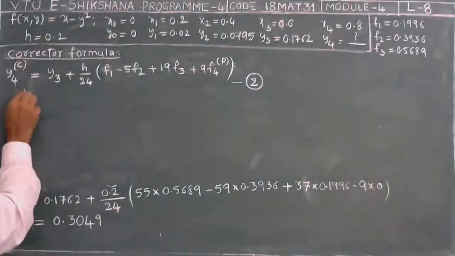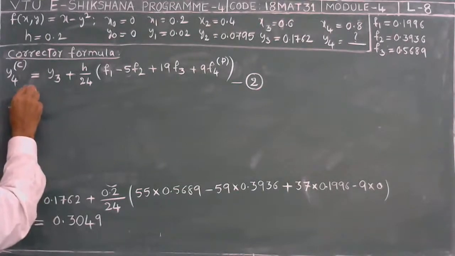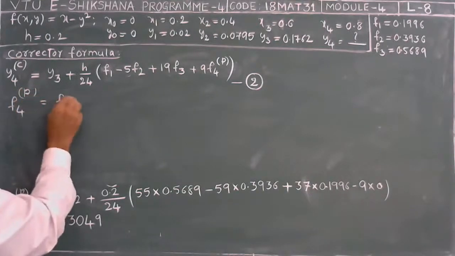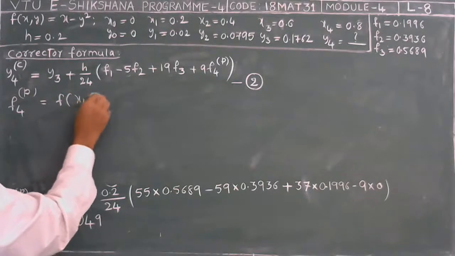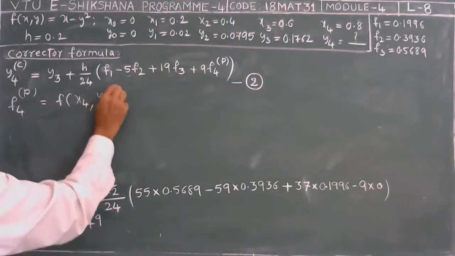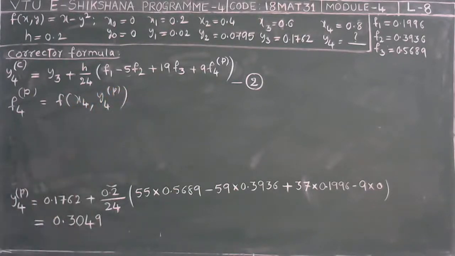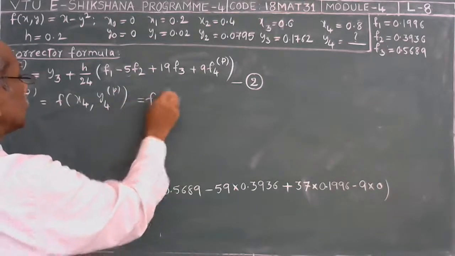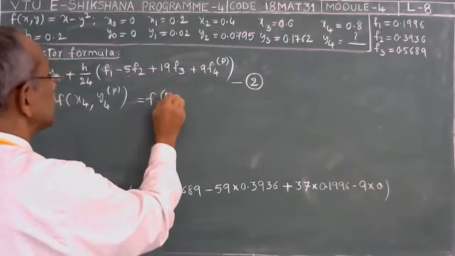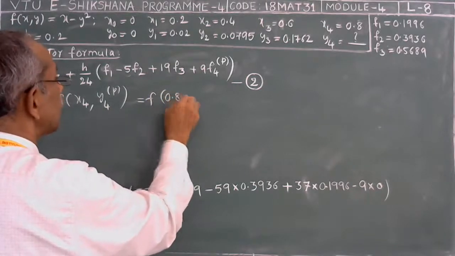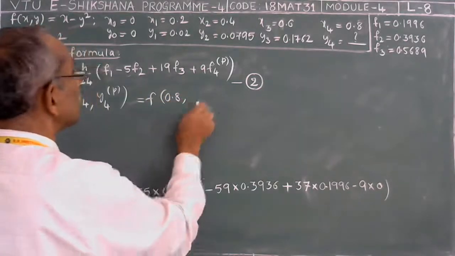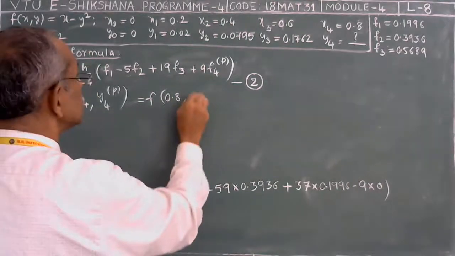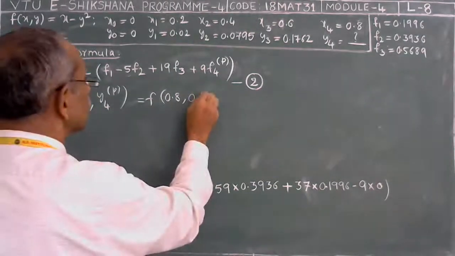So let us calculate f4p first. f4p is equal to f of x4 comma y4p. So this is equal to f of x4 is 0.8 comma y4p is 0.3049.